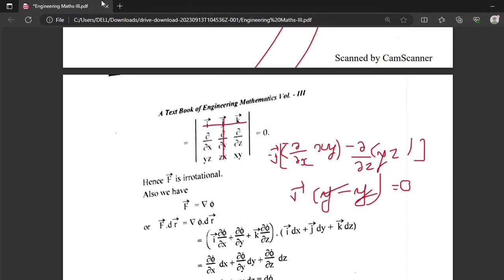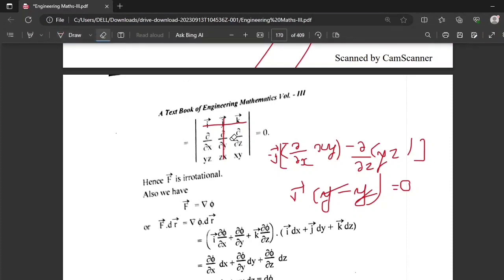And for the k vector, cancelling this row and this column, we have this 4, so del/del x of zx minus del/del y of yz.